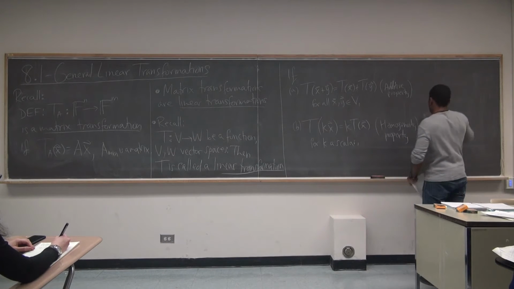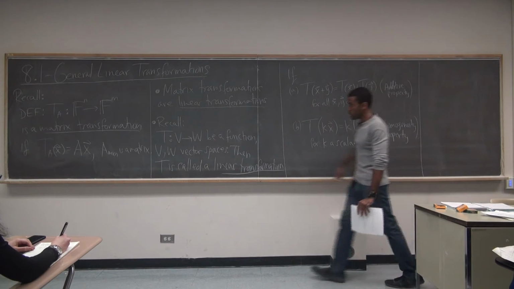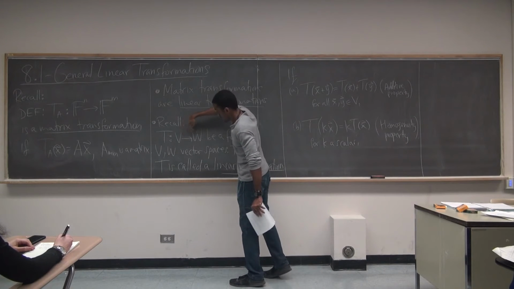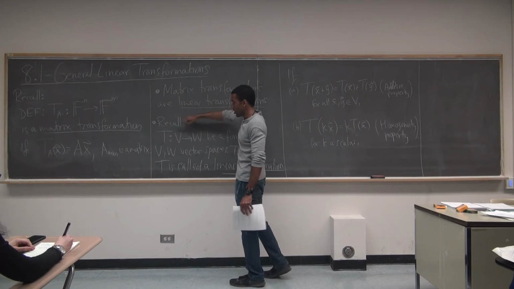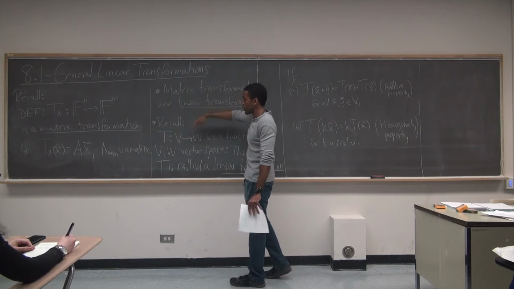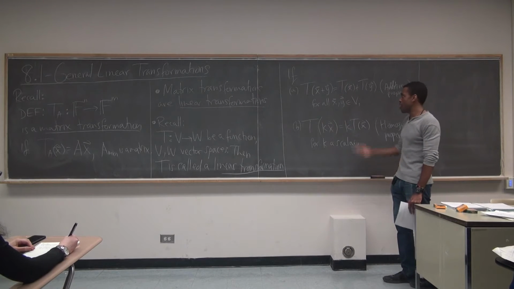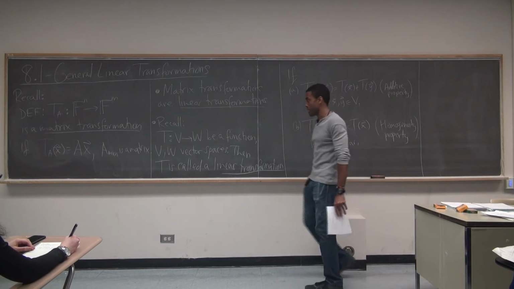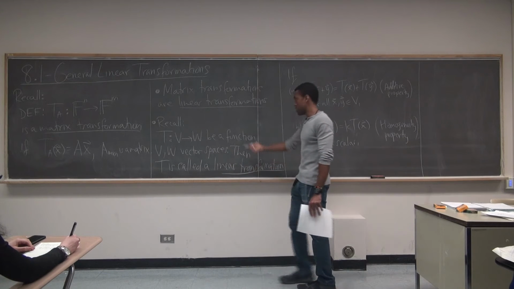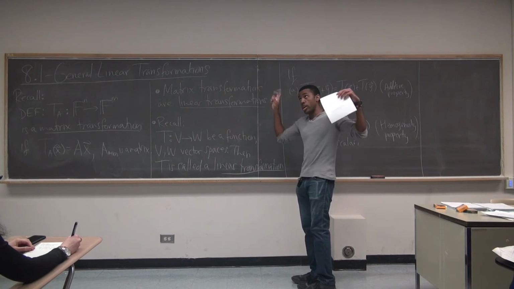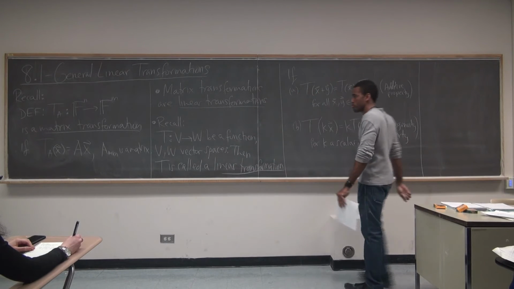In higher math classes, where we're talking about functions between different kinds of sets, they don't have to be vector spaces. You can have this sort of setup between things called groups or rings or fields or modules, lots of different things, and they all have different names, but they're basically the same thing. What you'd call a linear transformation for vector spaces, you'd call a homomorphism for general things.